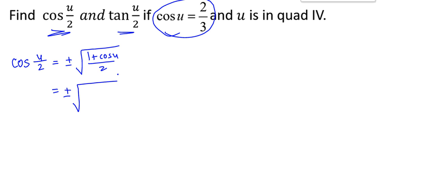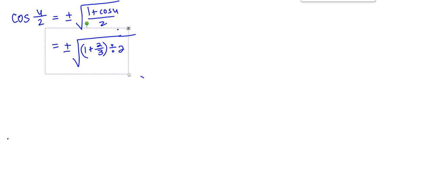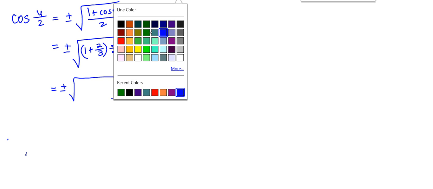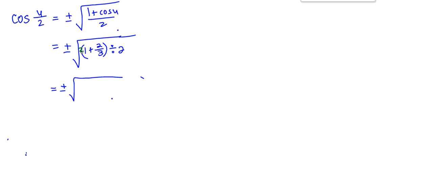So plus or minus, what they already gave us, cosine of u. So 1 plus 2/3 on the top, divided by 2. And now this is the part that's going to mess people up, this arithmetic part, because it's been so long. Well, it's actually kind of complicated, isn't it? Anyways, we need a common denominator. Same thing again and again.